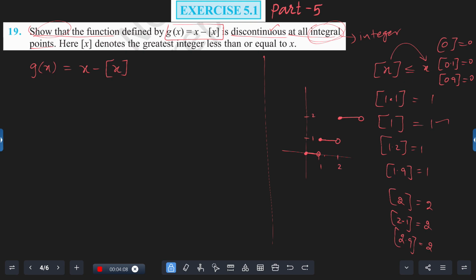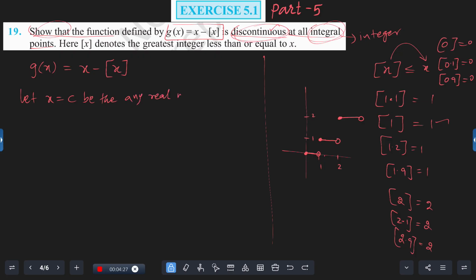We have to prove that the function is discontinuous. In general nothing is mentioned, so in general we take c as any real number. Let x equal to c be any real number.